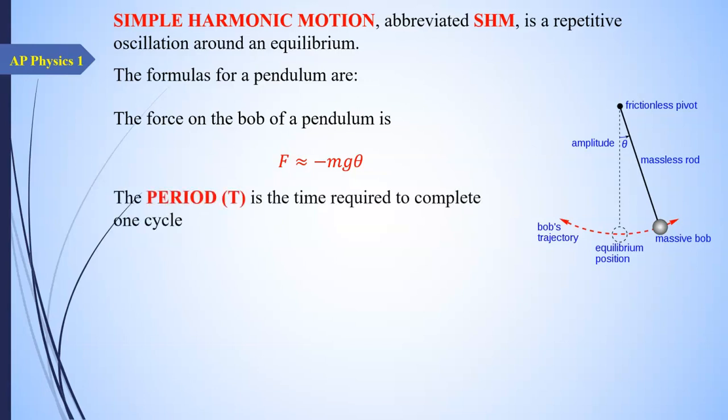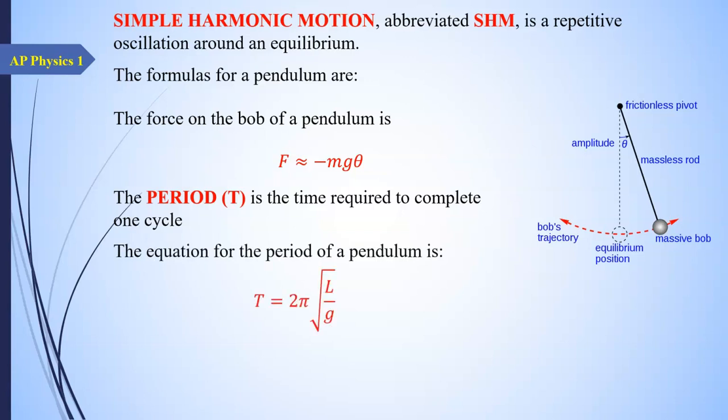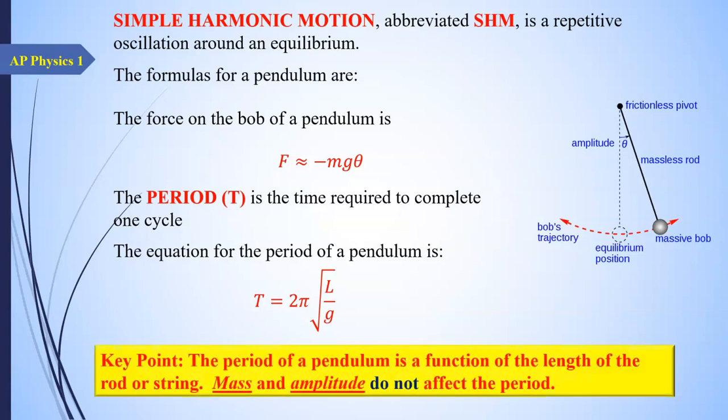The period T is the time required to complete one cycle, and the equation for the period is 2 pi times the square root of the length of the rope over the gravitational acceleration. So the key point here is the period of a pendulum is a function of the length of the rod or the string. The mass and the amplitude do not affect the period.